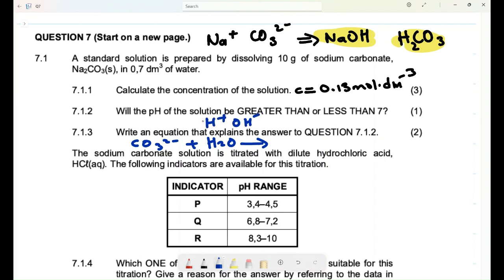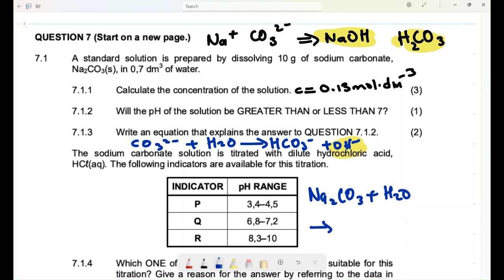So the H plus will want to go there. It will form something like HCO3 minus plus OH minus. So this is you proving that it gives us a basic solution. Another way you can do it is to take the sodium carbonate and react it directly with water.